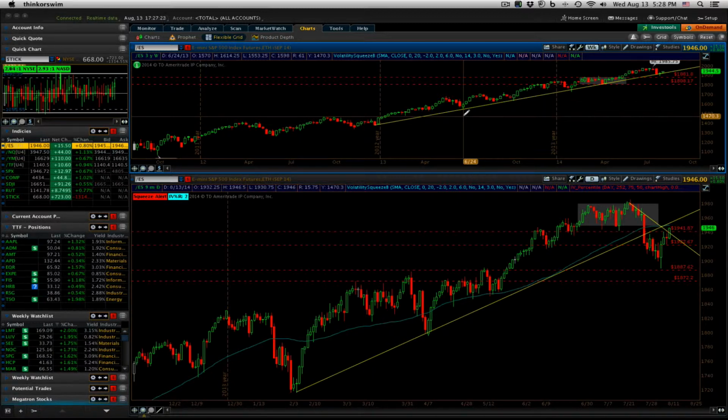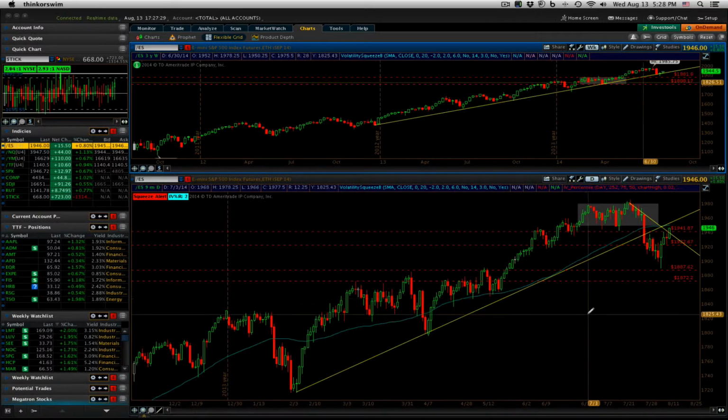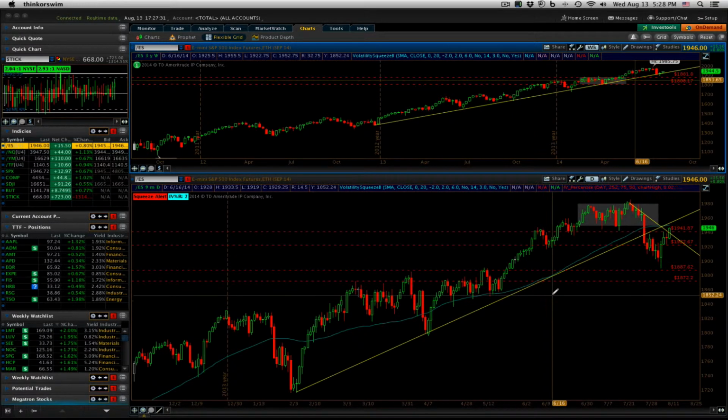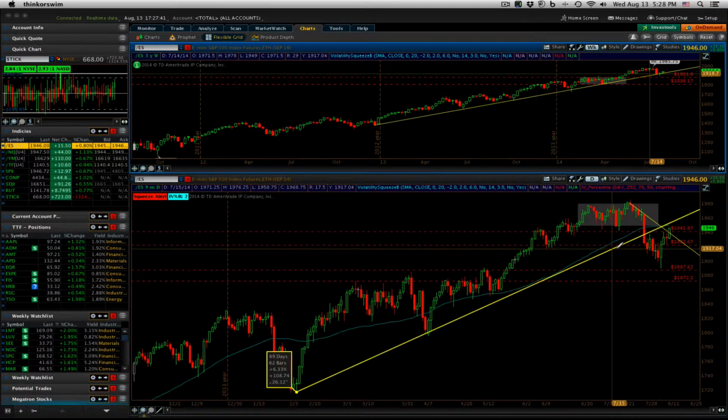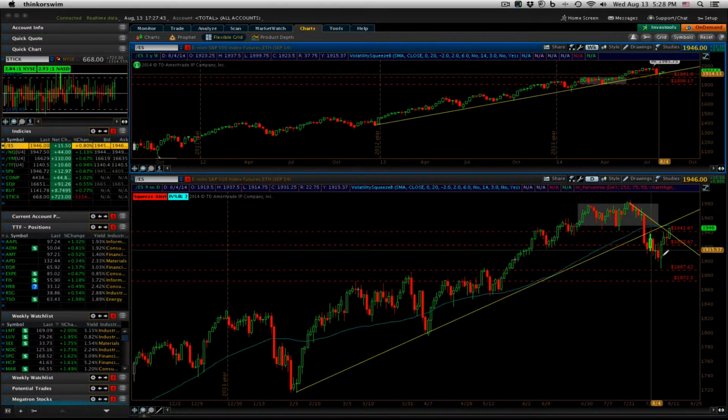This morning I had tweeted that there were really two ways that this market could go at this point from what I was seeing. The 1941 level on the S&P 500 futures, in my opinion, was one of the first steps that needed to be resolved before we put in some higher prices.